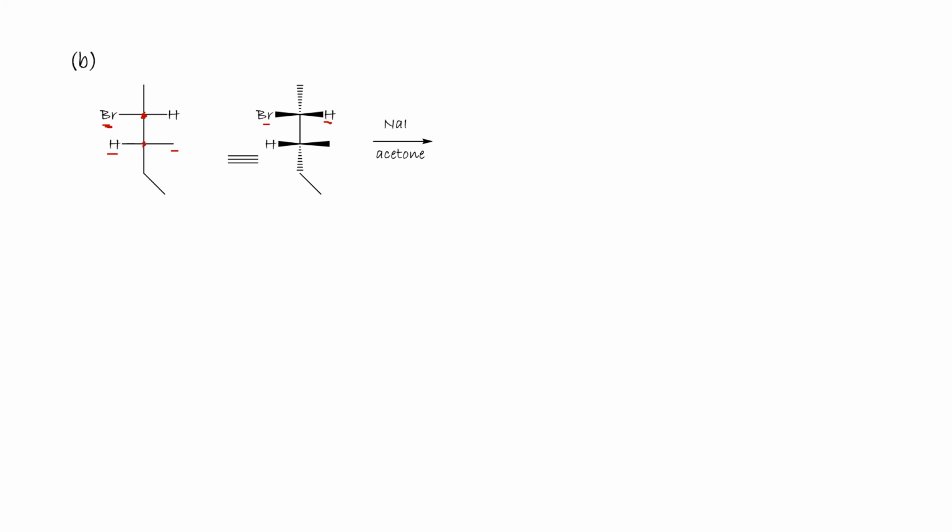When we react that with sodium iodide in acetone as a solvent, halogen exchange will take place on this carbon, and we get the iodide on the right, and hydrogen will be on the left. Okay, and here is the Fischer projection for that one.